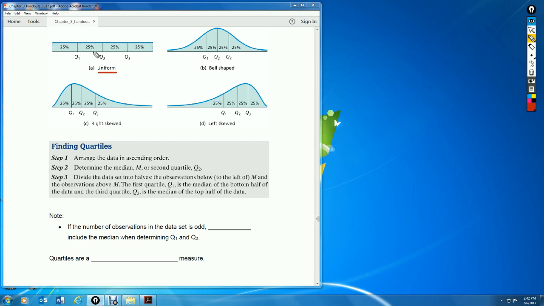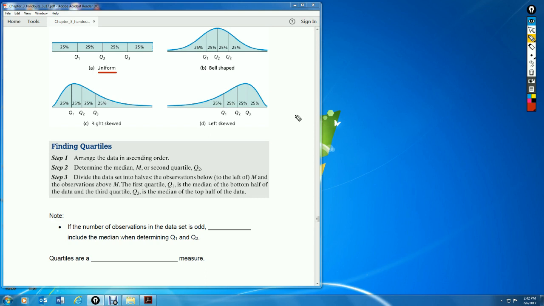So basically, you've just got a rectangle divided into 4 equal areas. Bell-shaped, you can see, here's the middle, here's 25%, here's 25%. Then you've got a long tail, each with 25%. Right skewed, again, you can just kind of see how it's distributed. Same with the left skewed.